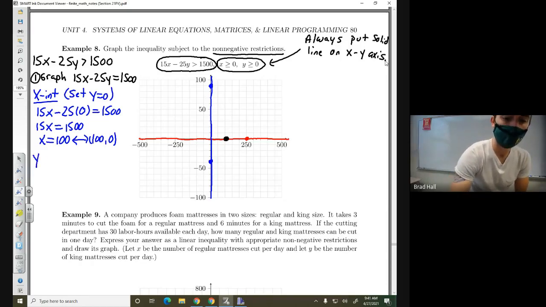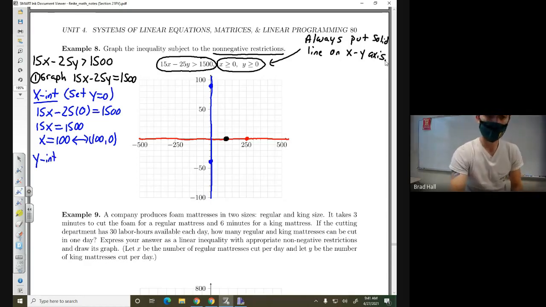We can do the same thing for the y-intercept to find a second point, so we can actually construct the line. For the y-intercept, remember that's setting x equal to 0, and then you solve for y.